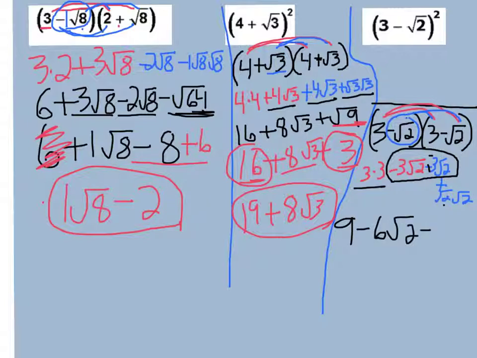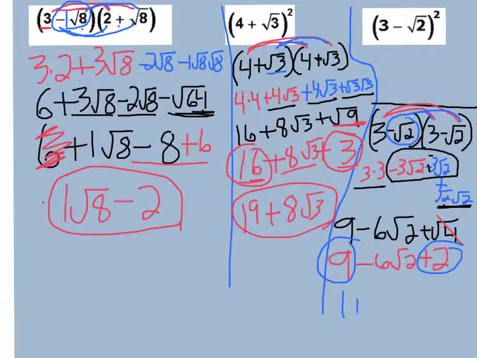Here I have square root 2 multiplied by square root 2, which is square root 4. Just like before, I know the square root of 4. It's 2. And I have 9 minus 6 square root 2 plus 2. I'm going to put this positive 9 with this positive 2 and get 11. So I have 11 minus 6 square root of 2, and here's my answer.